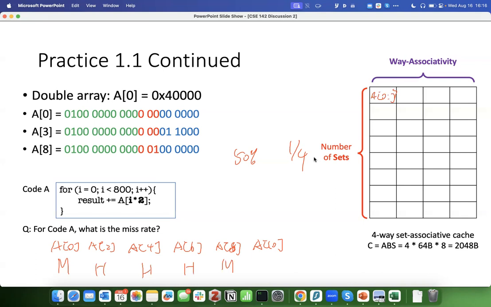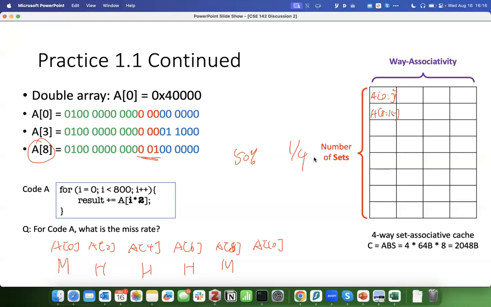I think it will go over here. You see, A8 has index 001, so I'm going to put that in the second set, A8 to 15. Then 10, 12, 14 will all be hits, and then 16 is another miss. So 1/4, that is my miss rate.